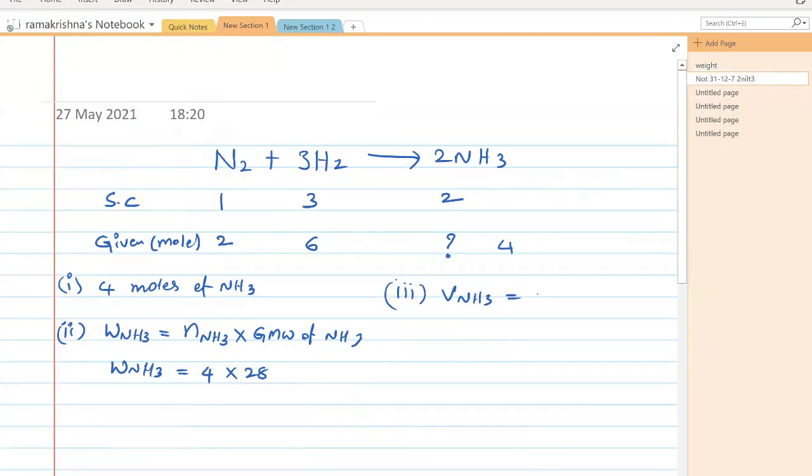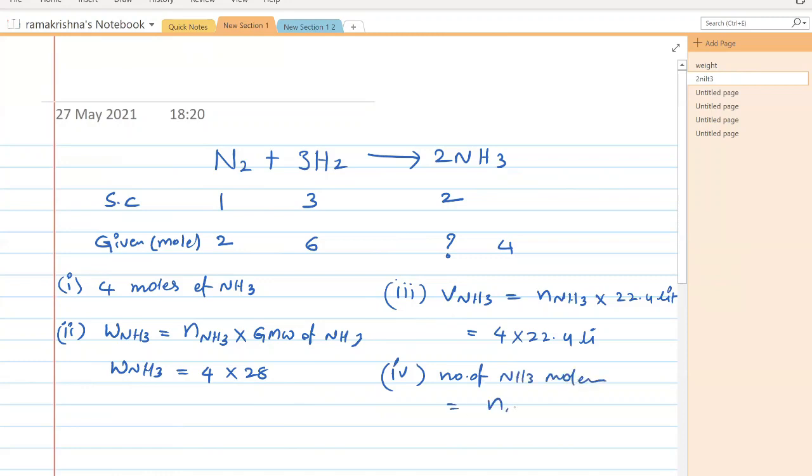By using that one, what I can write, number of moles of ammonia into 22.4 liters. So here I have got the formula answer 4 into 22.4 liters. Now by using second formula, number of particles, number of NH3 molecules, I have to calculate, which is equal to number of moles into Avogadro number.